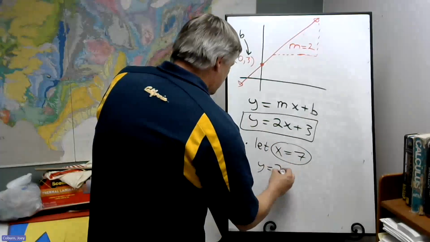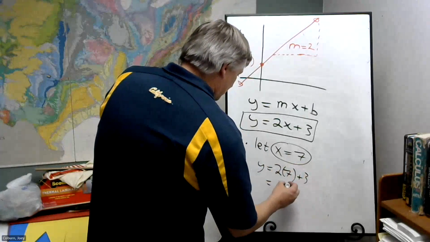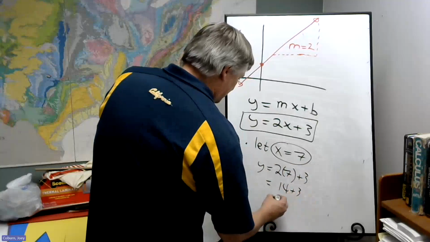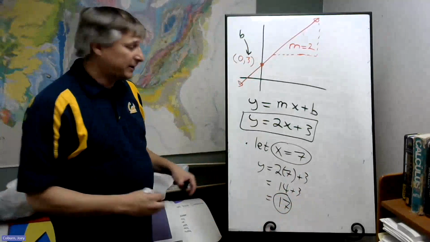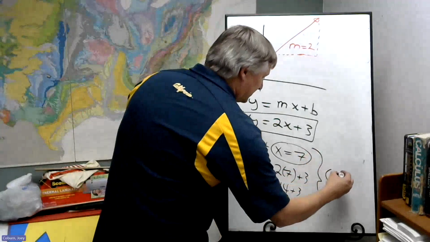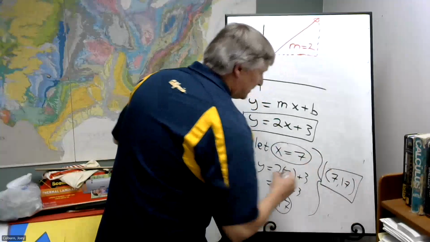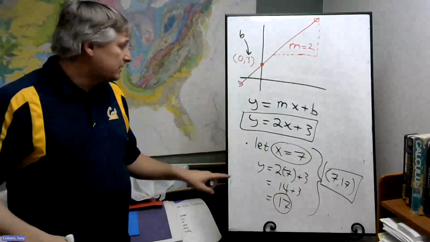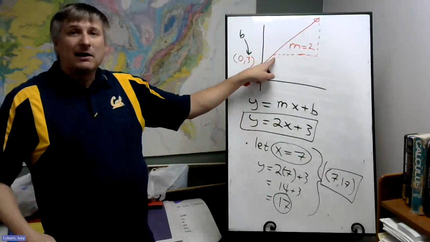Then y equals 2 times 7 plus 3, or 14 plus 3, or 17. The y coordinate of our new point. And so we get (7, 17). And so we could generate a new point using this formula that we got from our line.